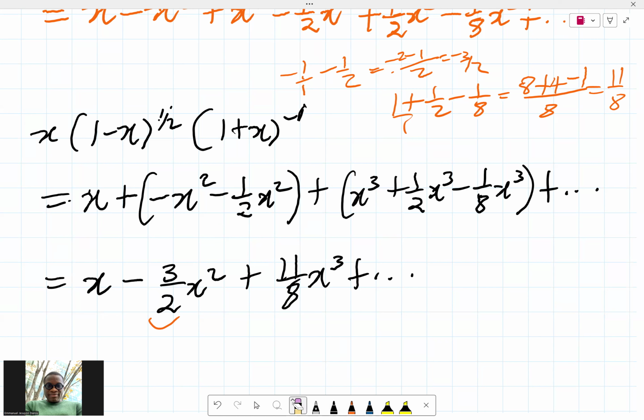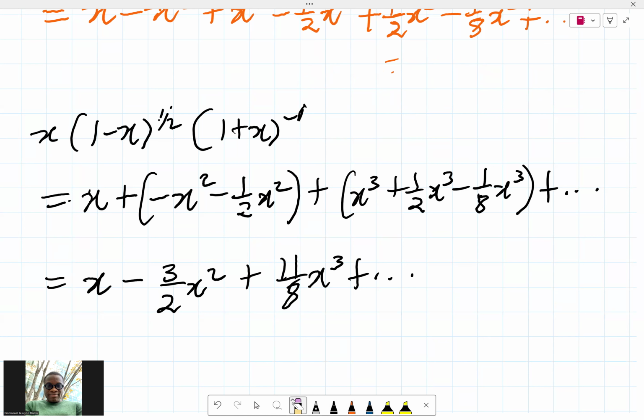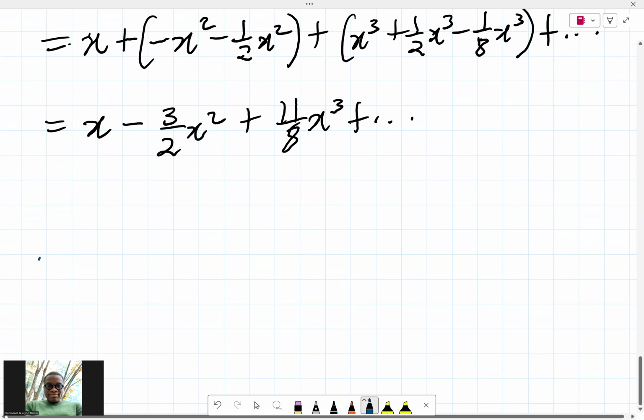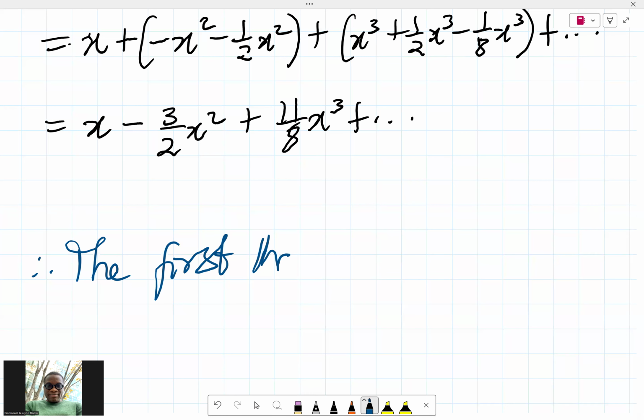Okay. So that's how that is. We have the first few terms of that expansion. You may want to recall where you started. The first three terms are not specified, but we've got 3 terms.